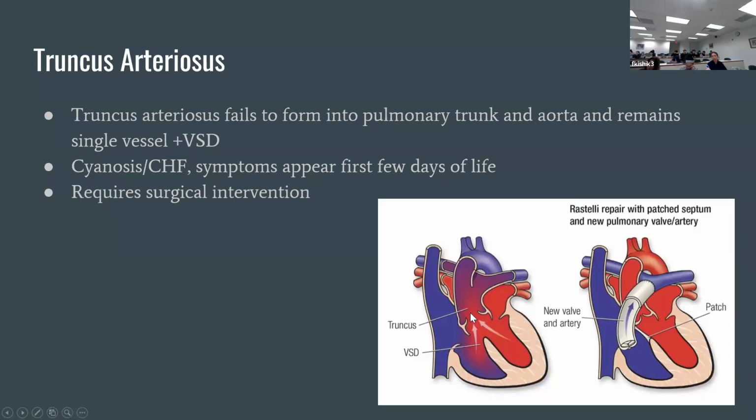The truncus didn't divide, so it's just one large vessel accepting blood from both sides. So we have a cyanotic lesion. The symptoms will appear after the first few days of life. This requires surgical correction as well. And this is basically the Rastelli repair with a patch septum, a new pulmonary valve and artery is made.